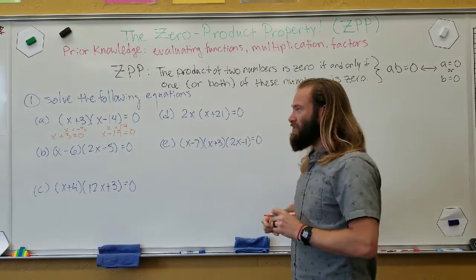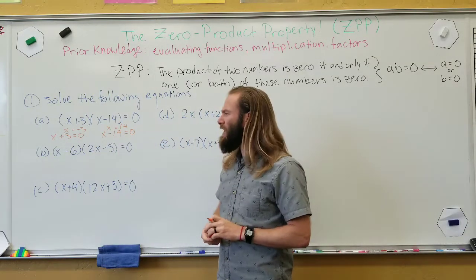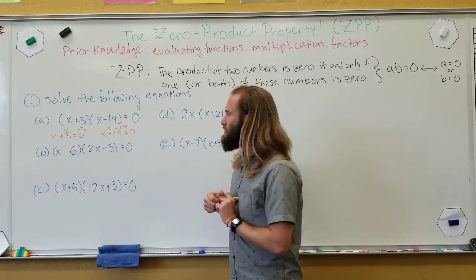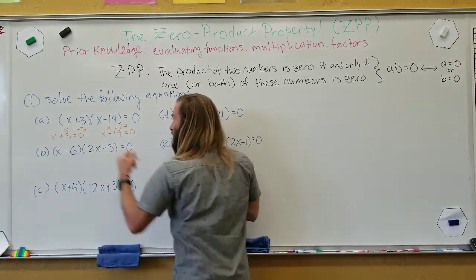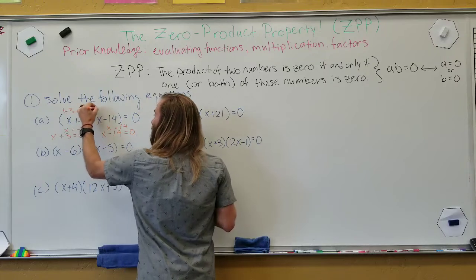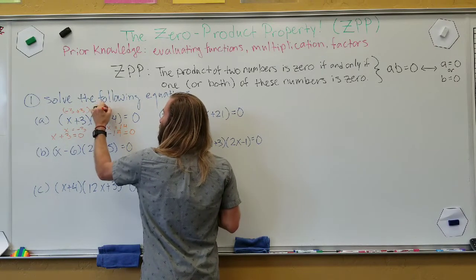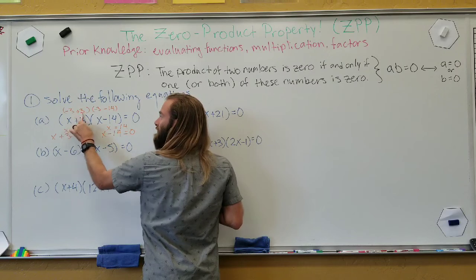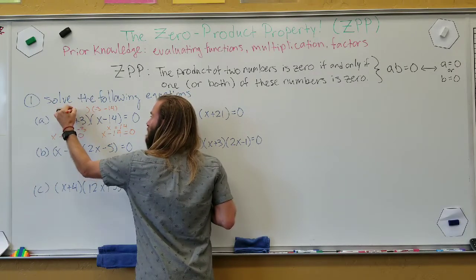Now, I don't expect you to necessarily write out the separate equations every single time. In my experience, most of the time students are able to look at this and say, oh, okay, well, if I plug negative 3 in here, negative 3 plus 3 times negative 3 minus 14, this negative 3 plus 3 becomes 0.